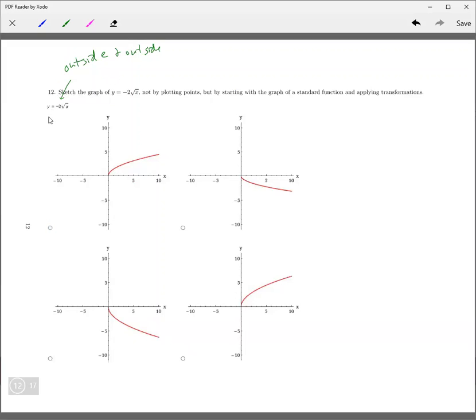The negative will reflect it through the x-axis, and the 2 will stretch it vertically by a factor of 2. Okay, so you end up with that. This right here looks like it's just been reflected, and this has been stretched.